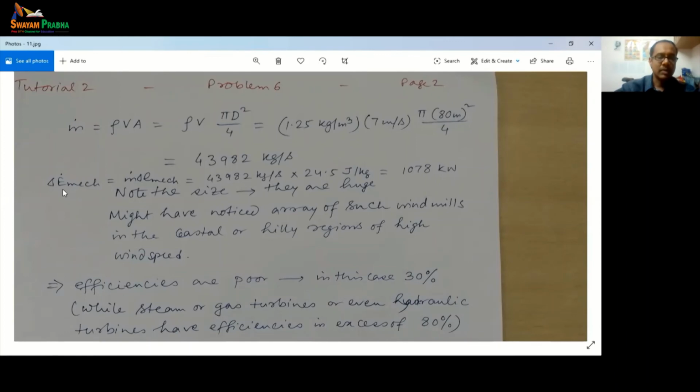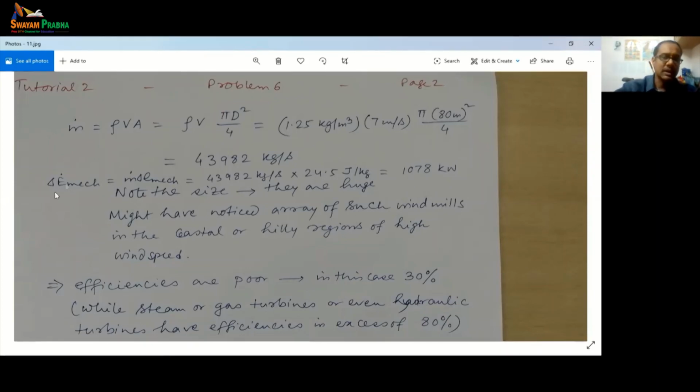Okay, first finish the numerical part and then we will discuss. This delta of E dot mechanical is equal to mass flow rate into small delta of small e mechanical, that is mass flow rate we just found out, 43982 kg per second, multiplied by 24.5 joule per kg, which we found in the last page, and that multiplication gives us 1078 kilowatt.